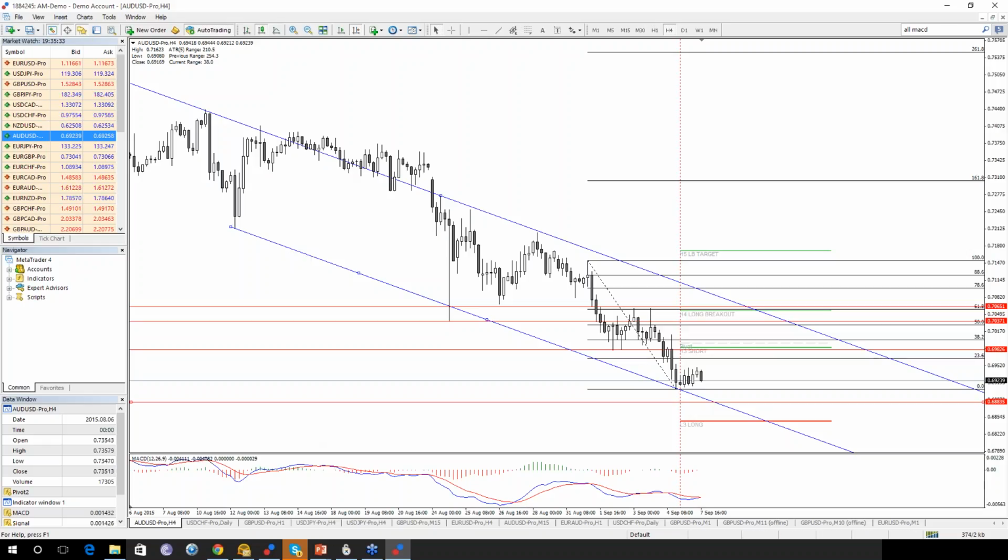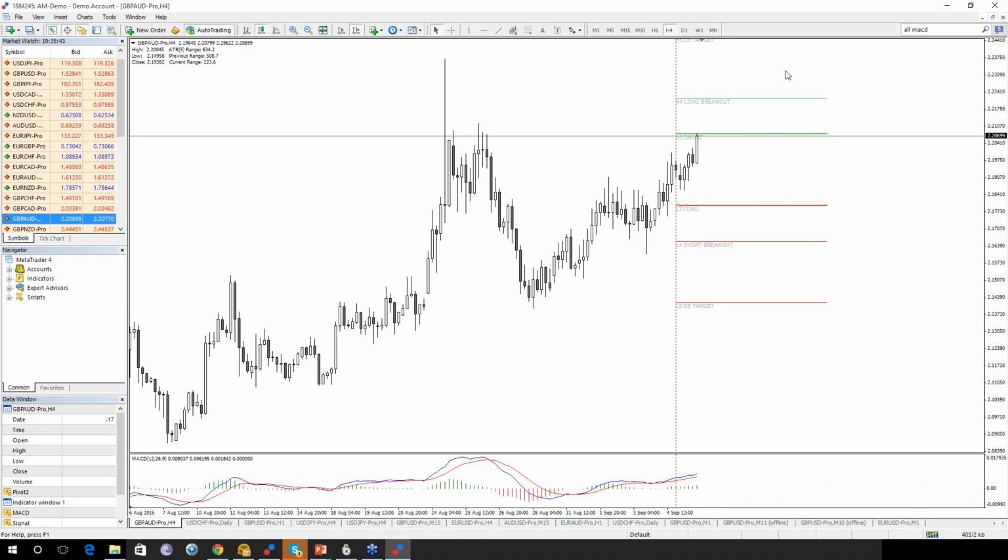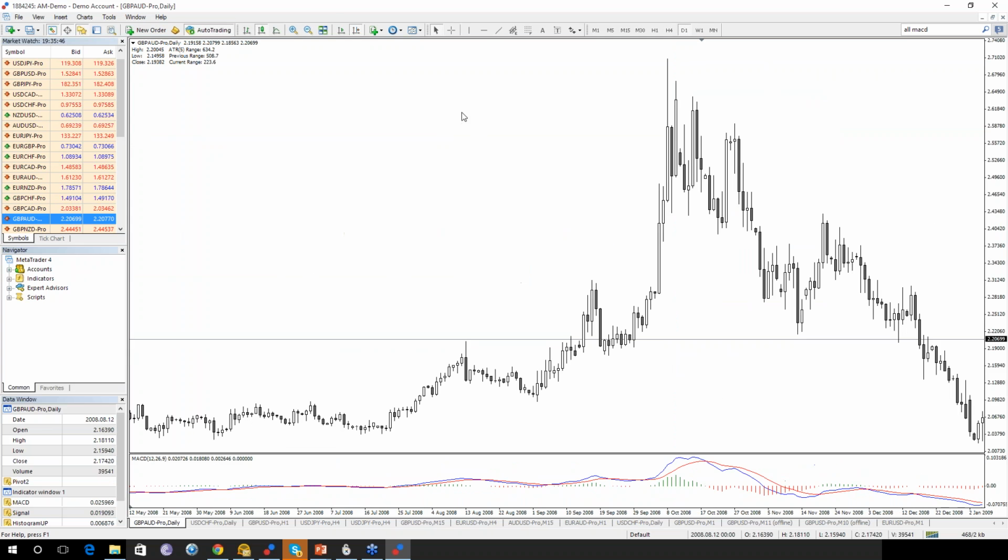What about GBP AUD? From what point to go short? Okay, let's use the daily time frame for this.